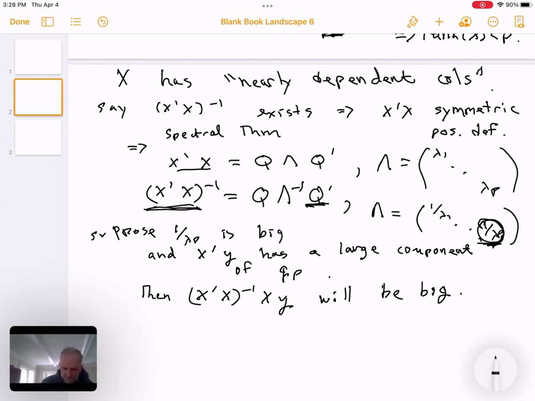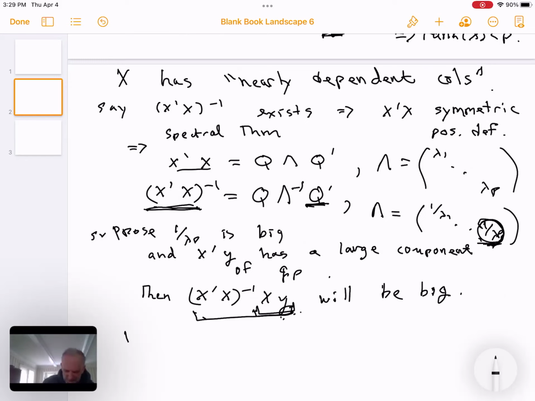In other words, something that's independent of the x's here, this xy, depending on what it is, I could get something very big. But if y is something else, I could get something moderate or even very small.